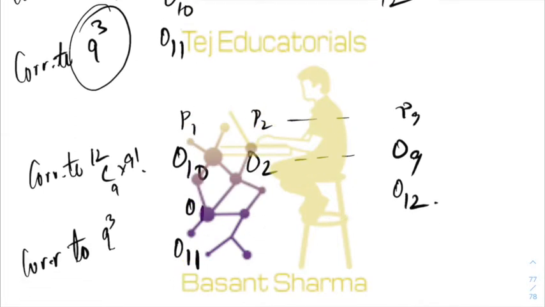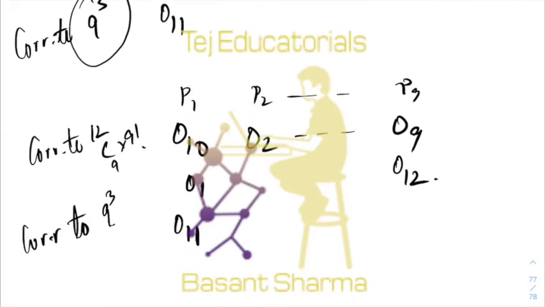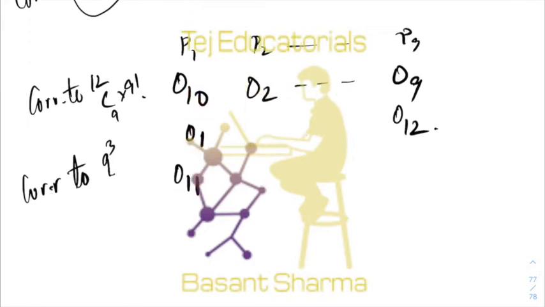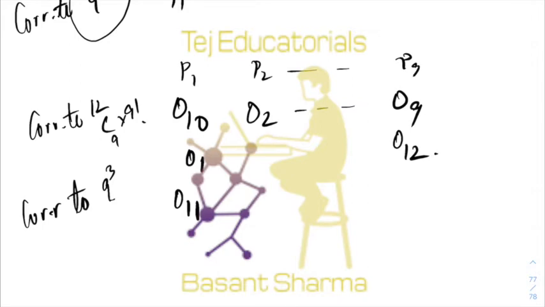So both of these cases are exactly the same, right? There is redundancy. And one more important thing: this O12 doesn't have to go to P9 only, it can go here also or anywhere.